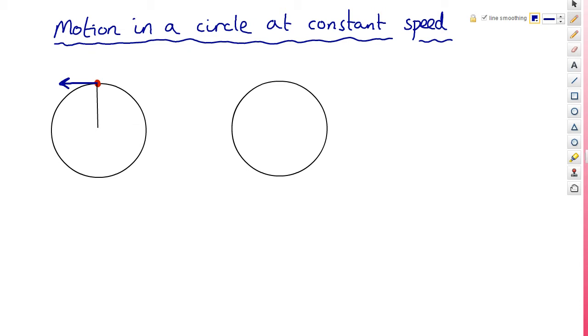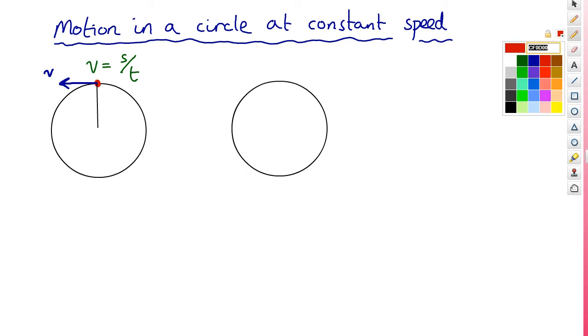So I might draw that a bit like this. I'm going to say that speed is v. We know that v is distance over time. And so we can pretty quickly derive a useful expression, because if the radius of a circle is r, then in one complete time period it will have gone all the way around the circumference.